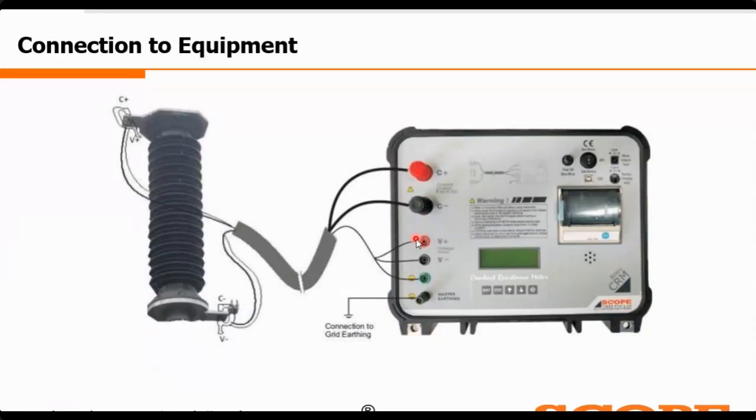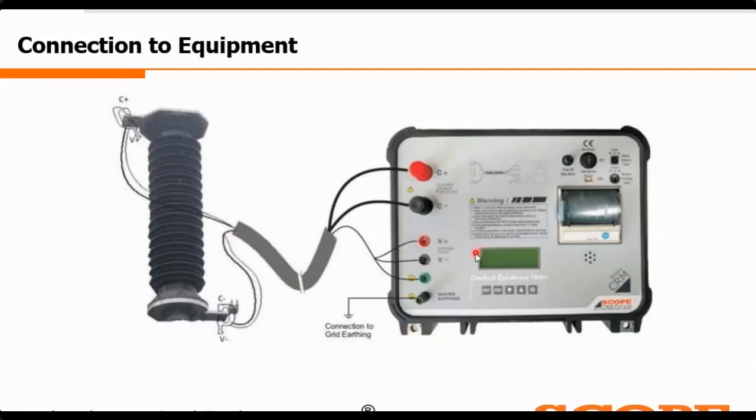This is the voltage measurement channel through which we will catch the voltage drop. So this is the V plus and V minus. The current is injected across these cables, and the voltage measurement is also done by this channel.